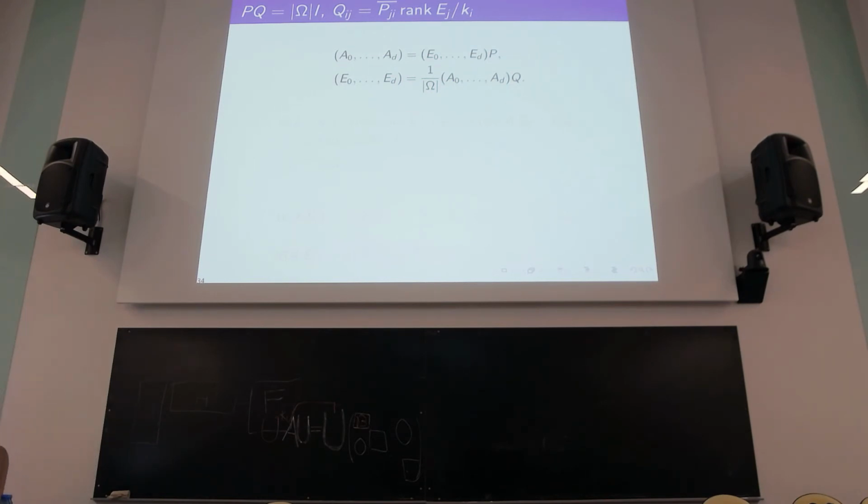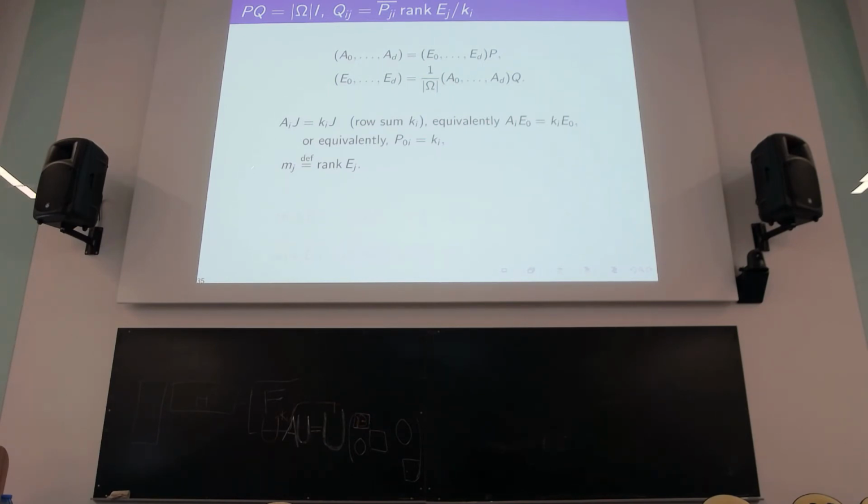So let's see why this is the case. By definition, P is the base change matrix in this way, and you invert this and scale it, and you get the matrix Q. But how are the entries of these two matrices related?